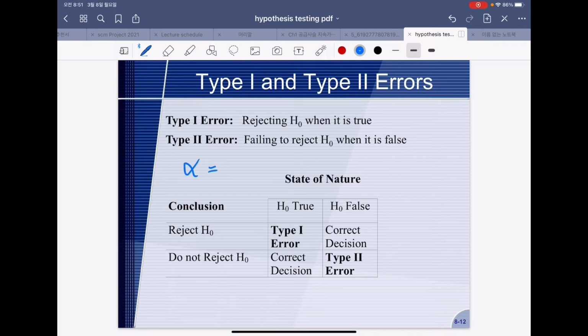The alpha is the probability of rejecting null hypothesis given that null hypothesis is true.